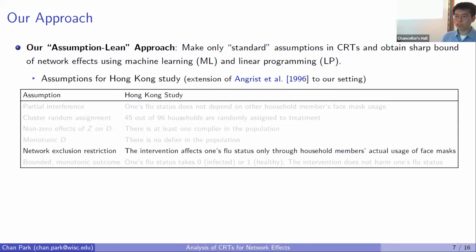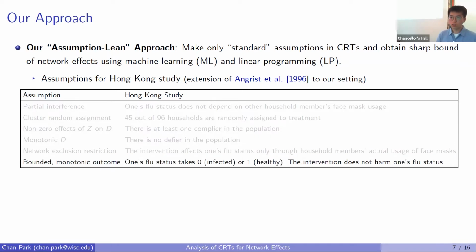The fifth one is the network version of exclusion restriction. That is, the intervention, the recommendation, only affects one's outcome through the actual usage of the household members. The last assumption is not standard, but plausible to describe Hong Kong data. It means that the outcome is bounded and monotonic. In this setting, the outcome is binary, an indicator of whether the individual is healthy or not, so it is already bounded in the unit interval.